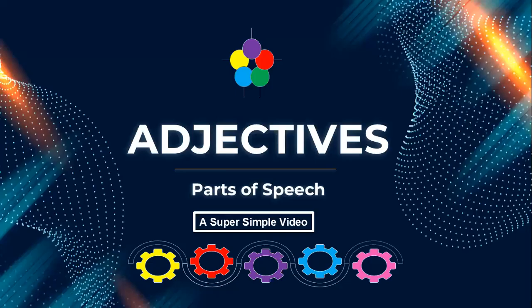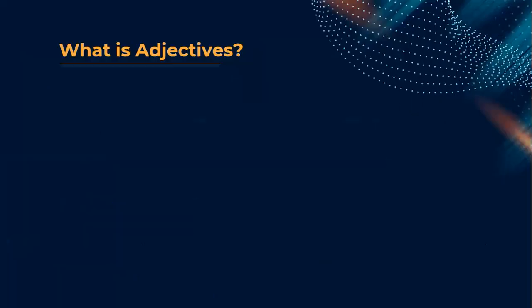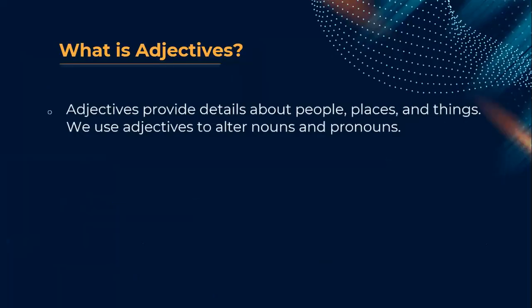So what is an adjective, right? Dear friends, if you want to become a good speaker, if you want to write very well, very descriptively, you need to learn how to use adjectives, because adjectives add more information about number, color, type, and other qualities about the noun and pronoun in your sentence, right? These adjectives help your reader to get the fuller picture about any thing in a sentence.